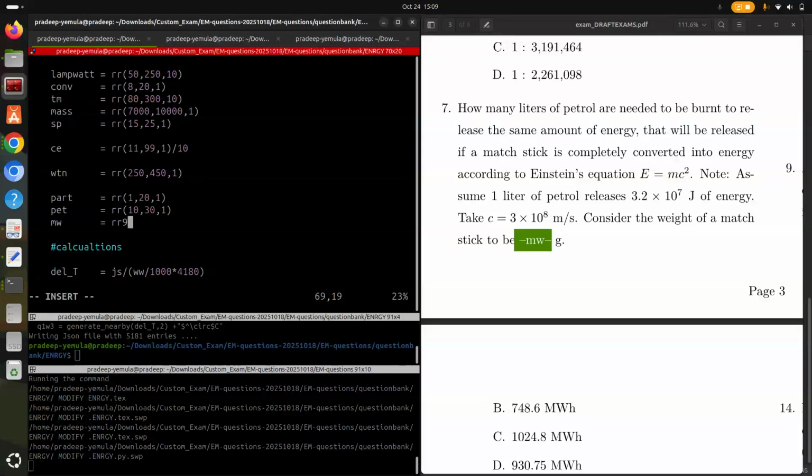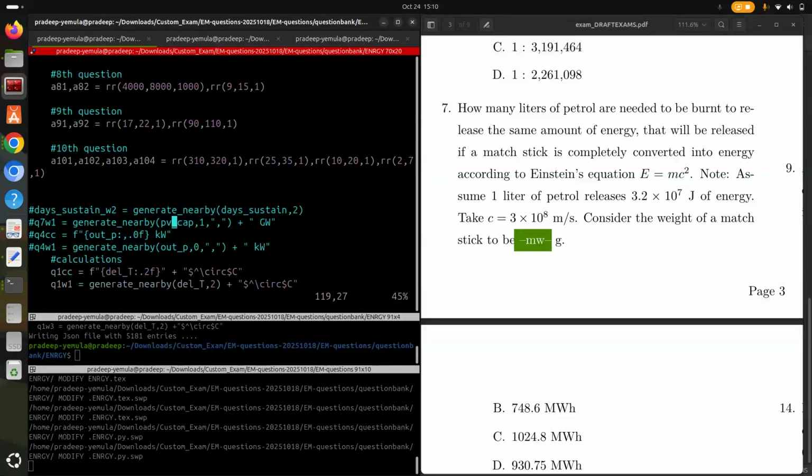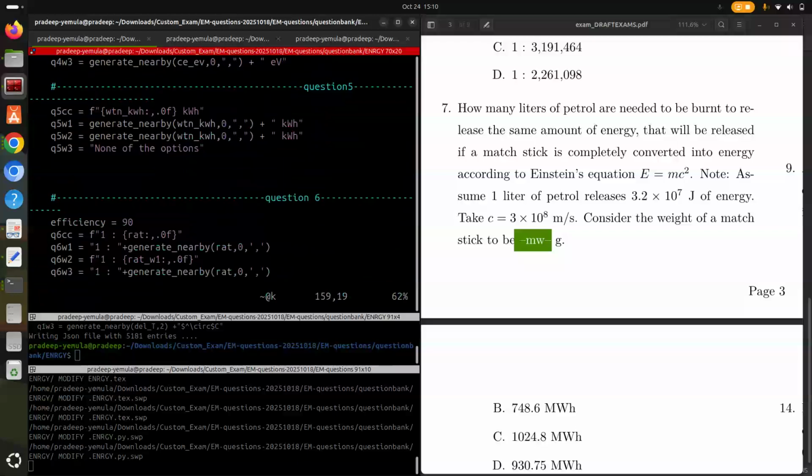It can be anywhere from 1 to 9 grams, but divided by 10, so it will be point something. Then I'll just have to insert that in the last.